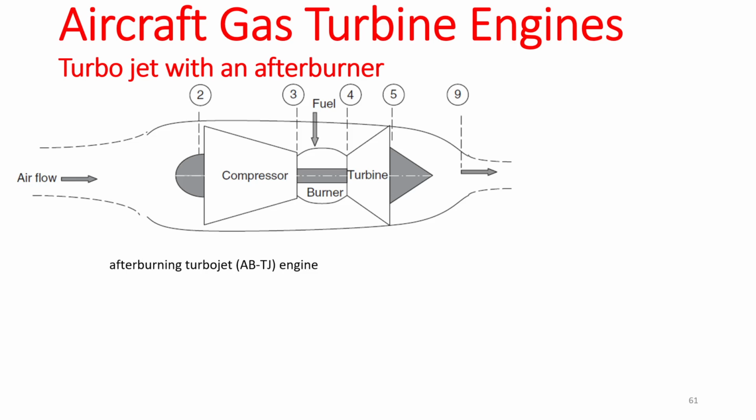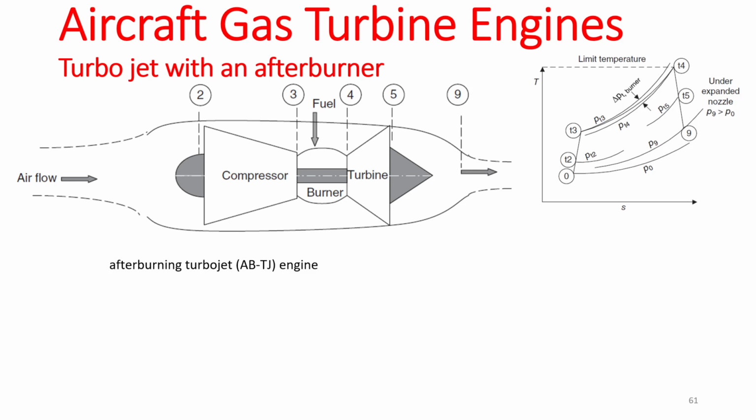Before talking about the afterburners, let's take a look at the regular turbojets. A schematic of the regular turbojet: you have the airflow coming in, the inlet, the compressor, burner, turbine, and the exhaust part. And the T-S diagram for this essentially looks like this. We go from station 0 to T3.